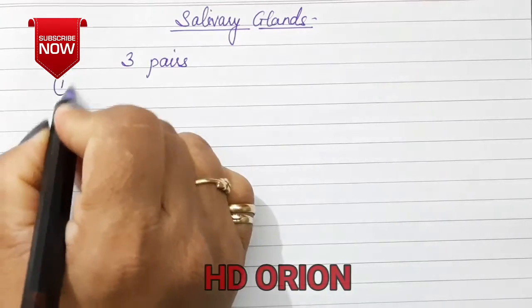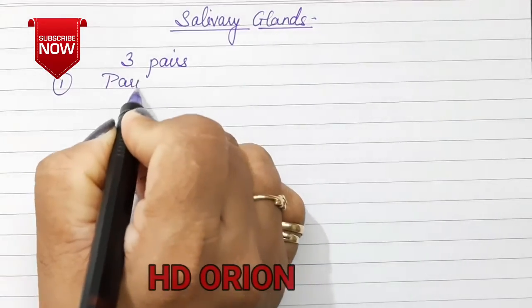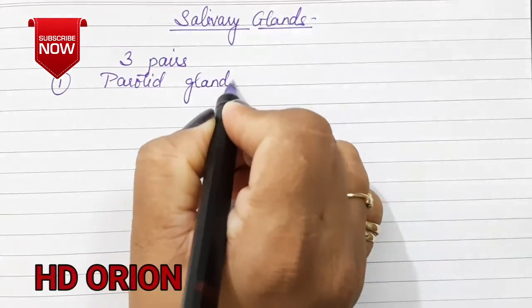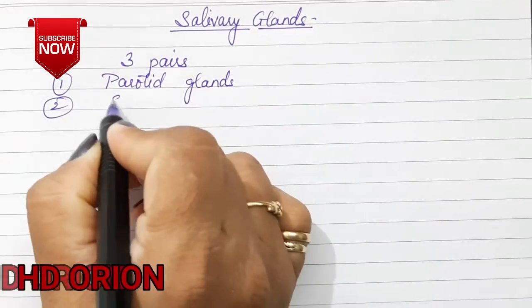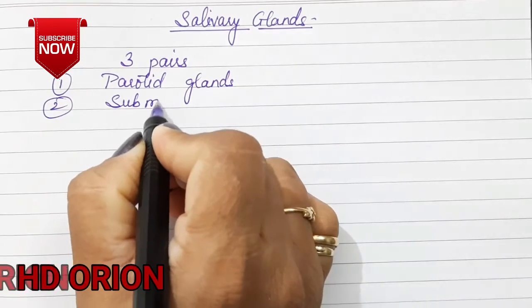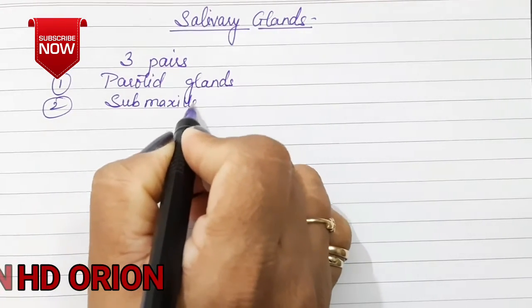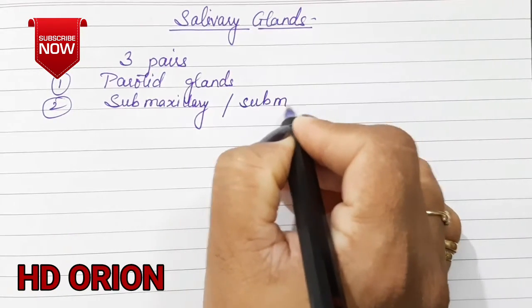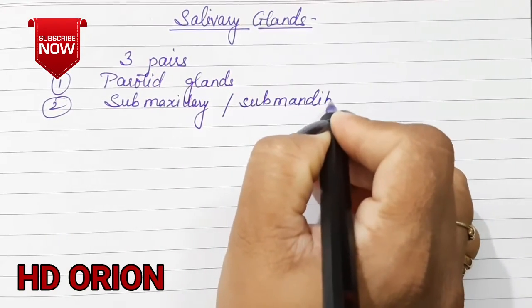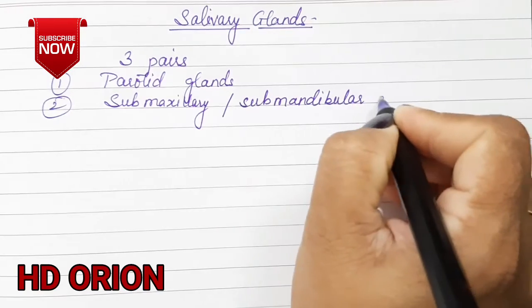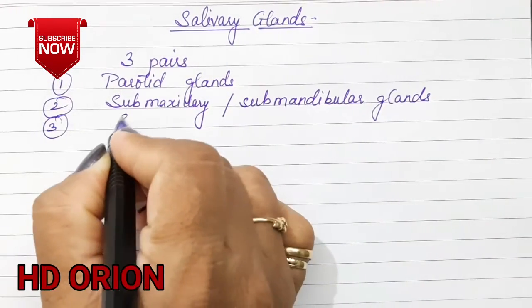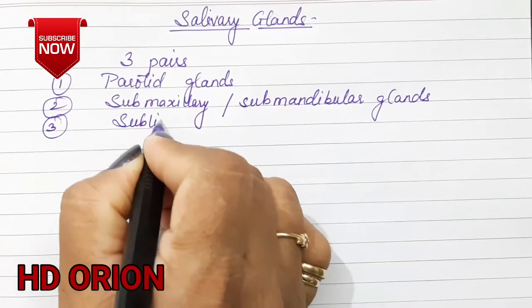These are the parotid glands. These are one pair. Submaxillary, sometimes called submandibular, and the third type, sublingual glands.